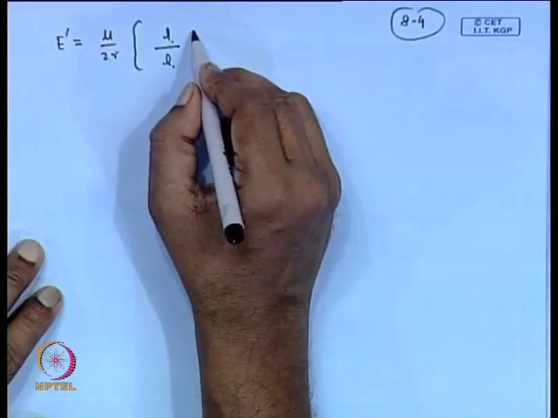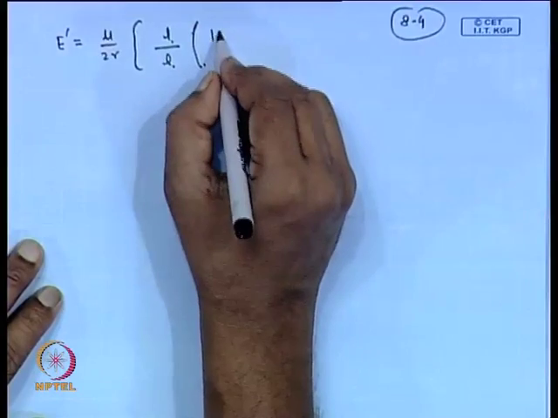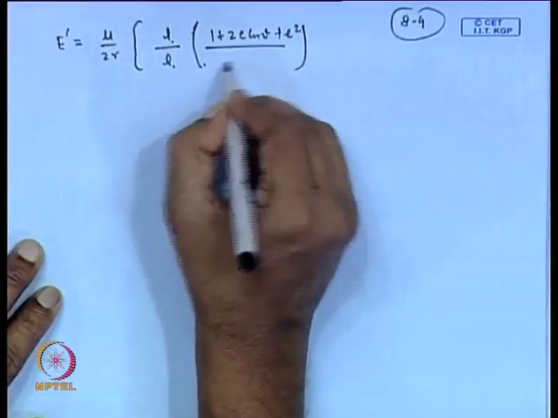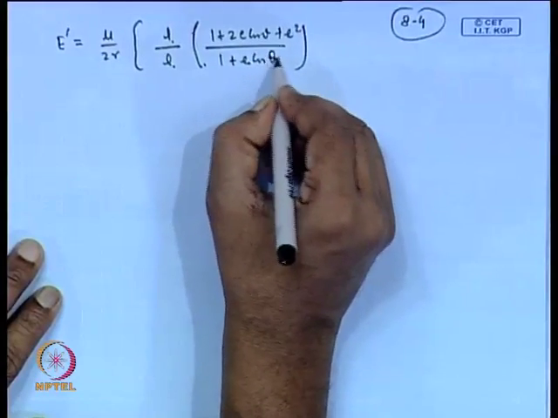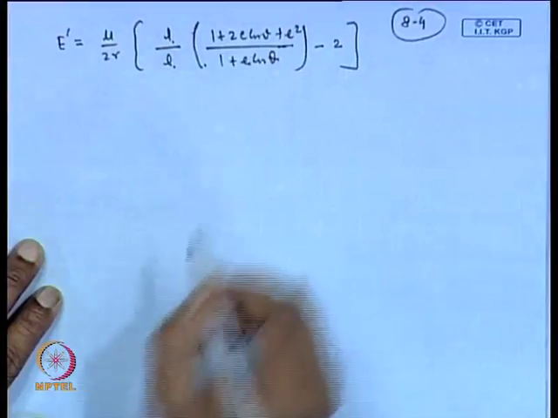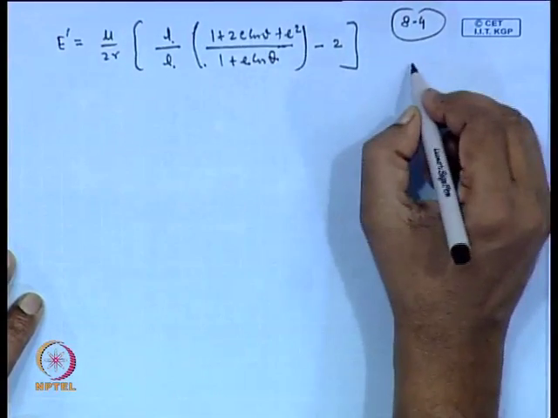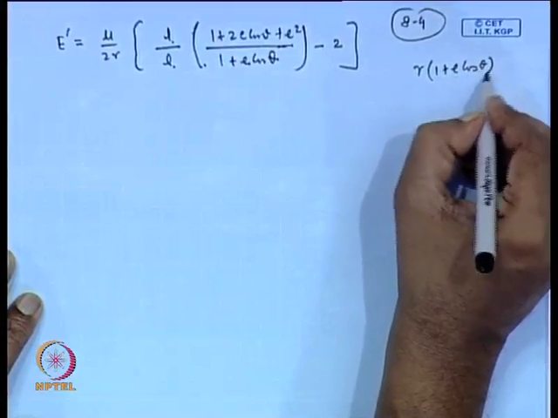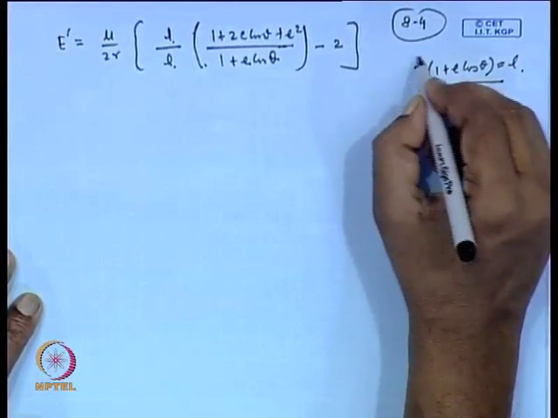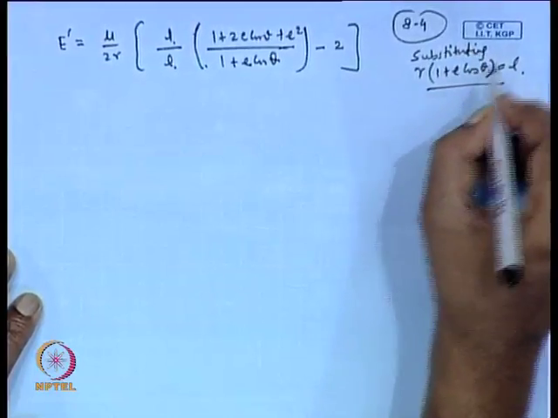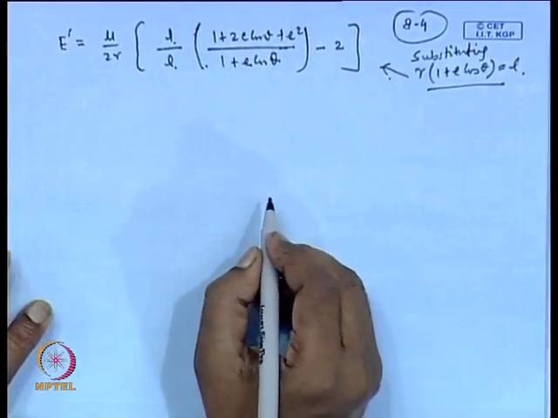So, we are left with 1 plus 2 e cos theta plus e square divided by 1 plus e cos theta, minus 2. Okay. So, we have made a very simple substitution, r times (1 plus e cos theta) is equal to L. Substituting, we have got this result.